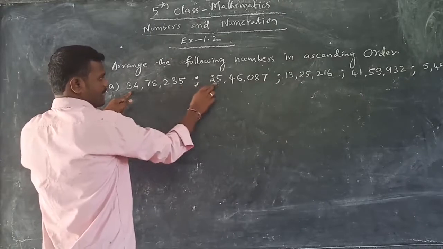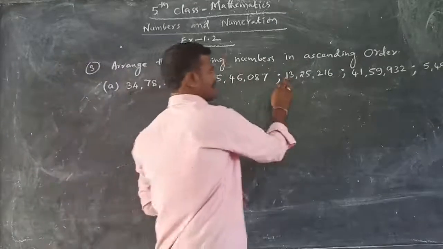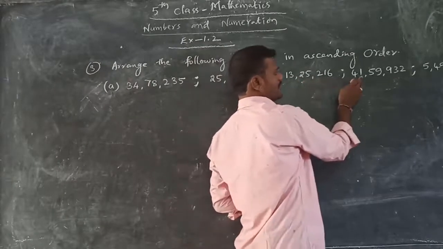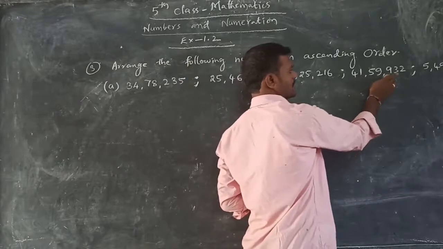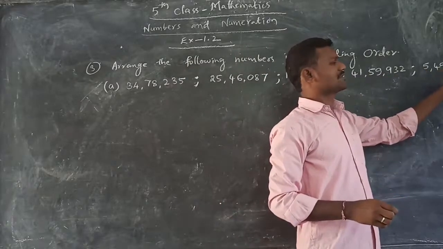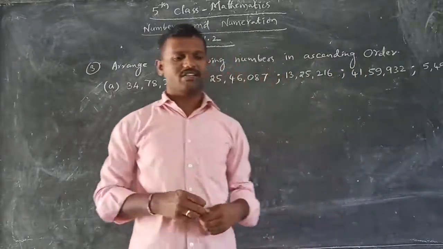34,78,235, 25,46,087, 13,25,216, 41,59,932, 5,49,076. So these are the numbers given.